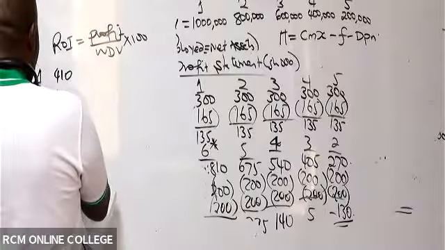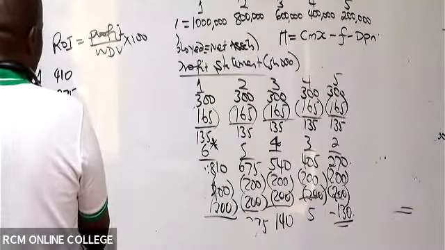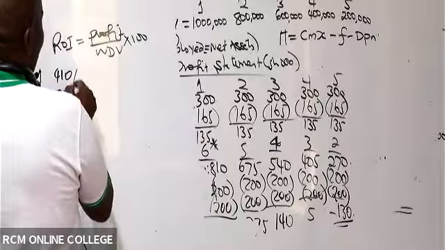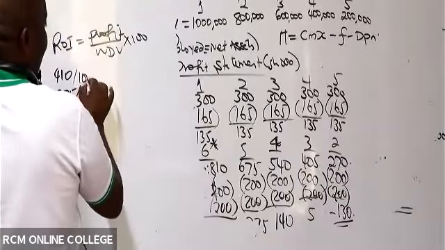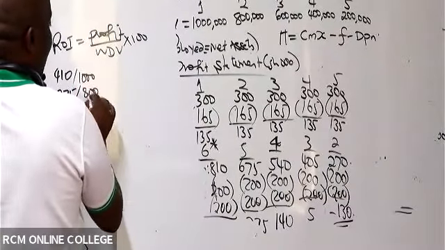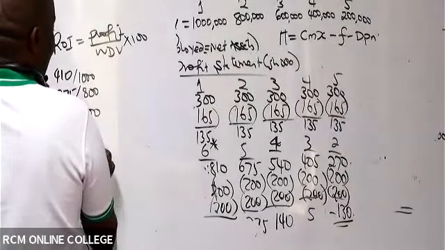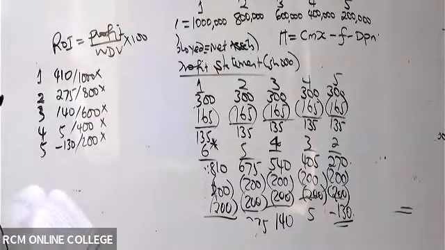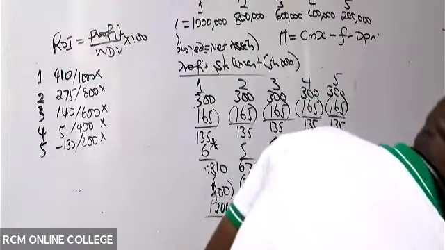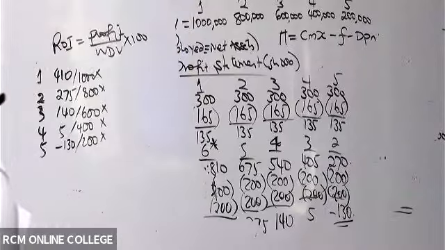Then we have 275, then 140, then 5, then negative 130. These are the operating profits. So you divide these by the beginning written down values in thousands: divide by 1,000, 800, 600, 400, 200, times 100.